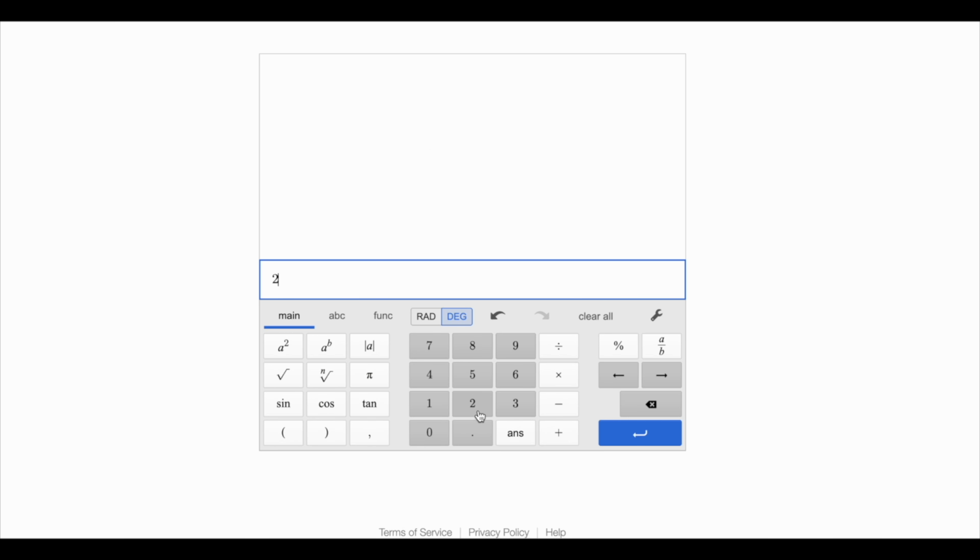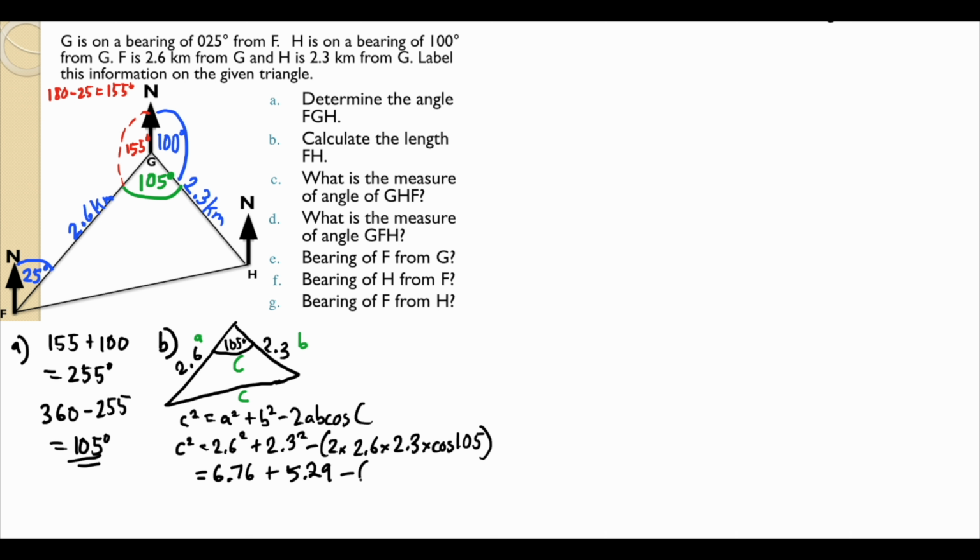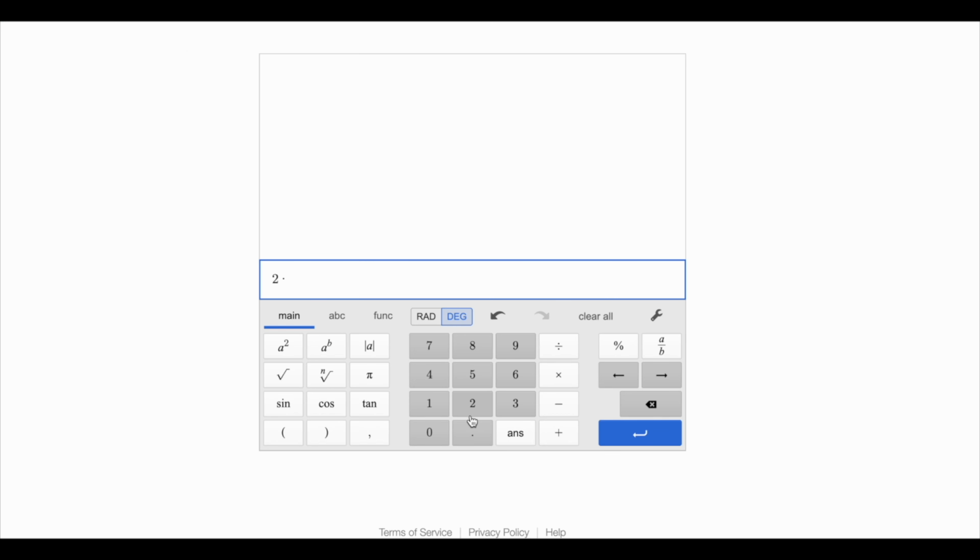Alright, so 2.6 squared is 6.76. 2.3 squared is 5.29. And we subtract from that, so this here we need to multiply: 2 times 2.6 times 2.3 times cosine 105, which gives us negative 3.1.